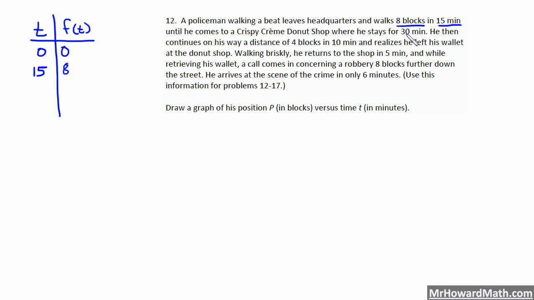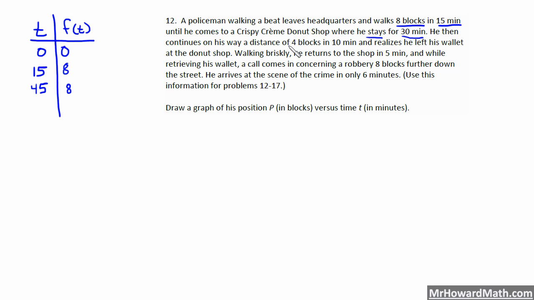So then he stays for 30 minutes. So his distance, the f of t value, the y value is not changing, so that's still going to be 8, and the time has increased by 30 minutes, so we need to add 30 to this 15, so that would put him at a total time of 45 minutes.